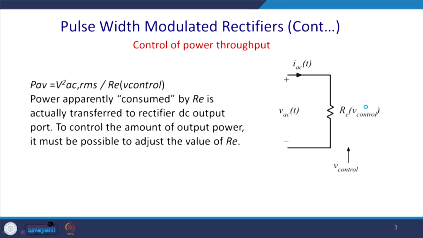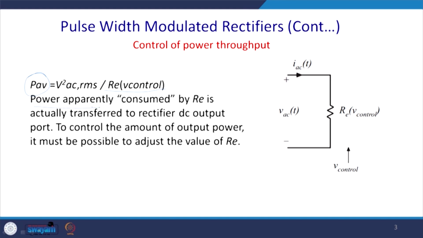Now, since in AC the average value is 0, we have to talk about the RMS. So, the average DC power should be equal to V_AC RMS square by the equivalent or effective resistance R_E, controlled by V_control.